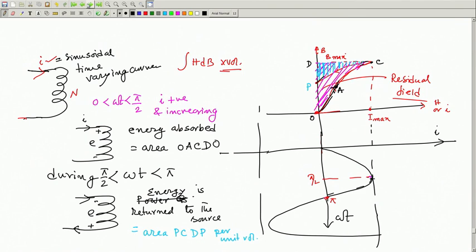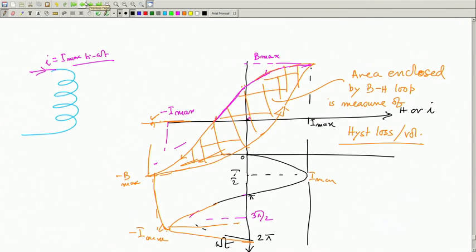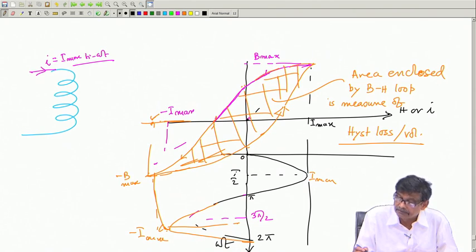Next, suppose the current is alternating like this through the coil. I have not shown this part once again, because for the first time it will go like this, reach I max, B max, then when I decreases, the BH curve will be somewhat different, not the same curve through which it went up, it will follow this curve.